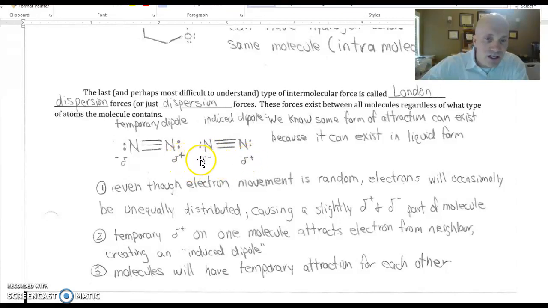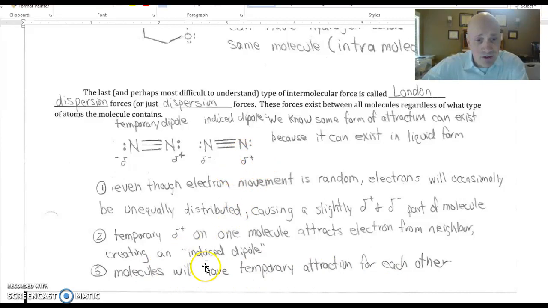And then there's a slight attraction between the delta positive on this end of the molecule and the delta negative on this end right here. All right, and that causes a little bit of a stickiness between these two molecules. So that's going to cause these molecules to have a temporary attraction for each other.